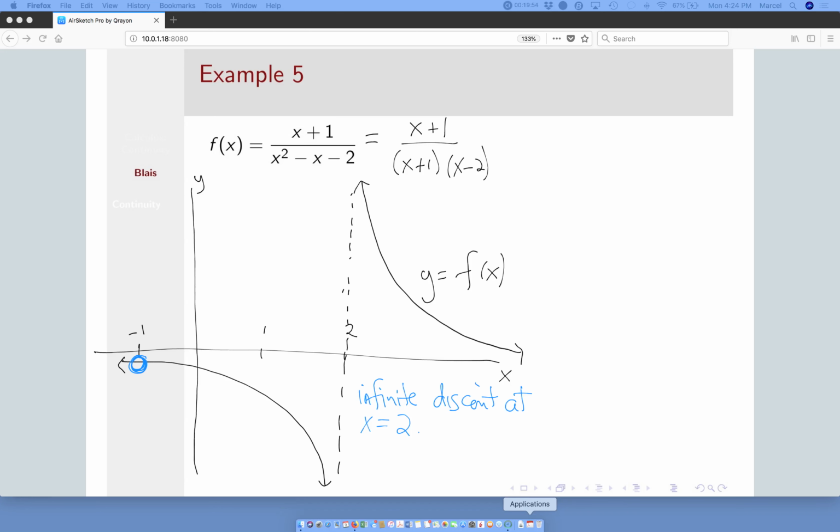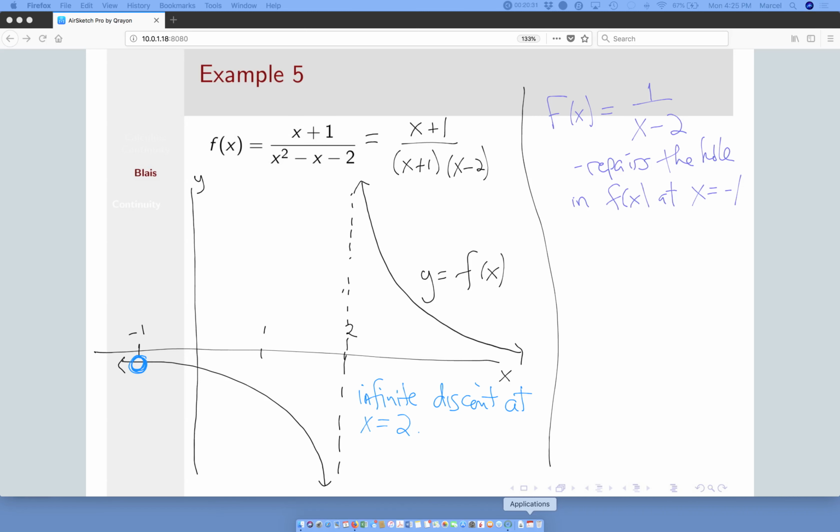And if we note that, let's call it, say, capital F of x, and just define it as the function as if we cancel the x plus 1 terms, 1 over x minus 2. This is the function that repairs the hole in f of x at x equals minus 1.